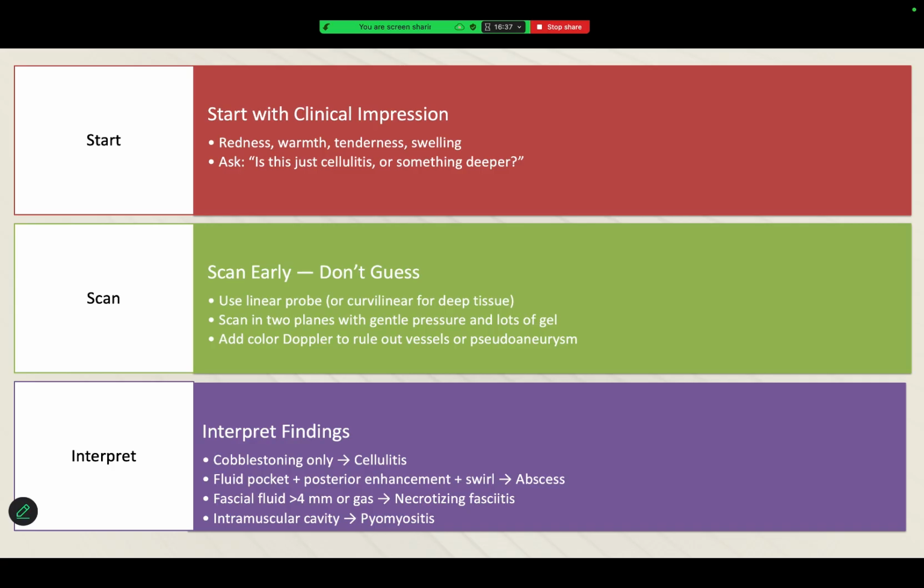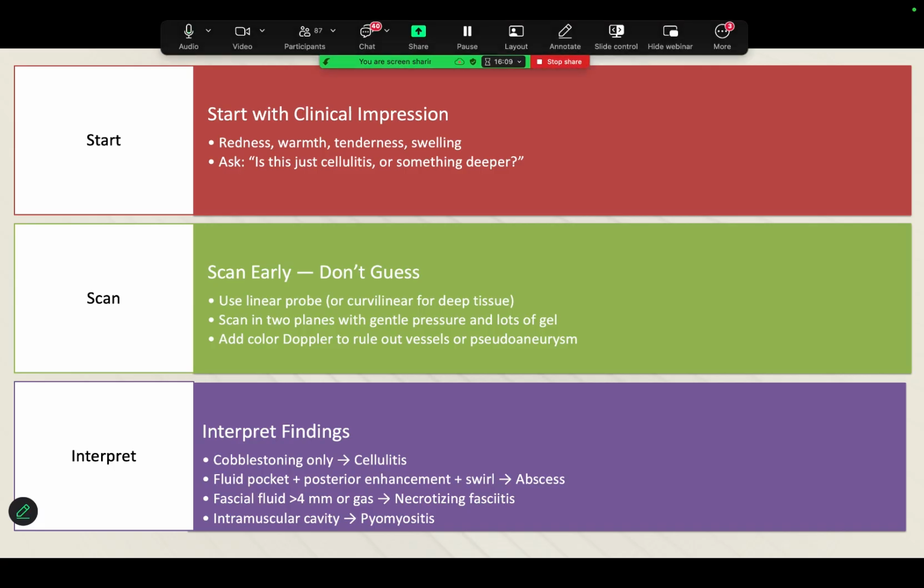So I use different techniques and different probes, and I'm always scanning in two planes, sagittal and another plane also. I use a lot of gel to have better optimization. I'm always using color Doppler to rule out the vessels, the pseudoaneurysm, just to guide me when I'm doing the incision to avoid any unexpected injury to the vessels and nerves.